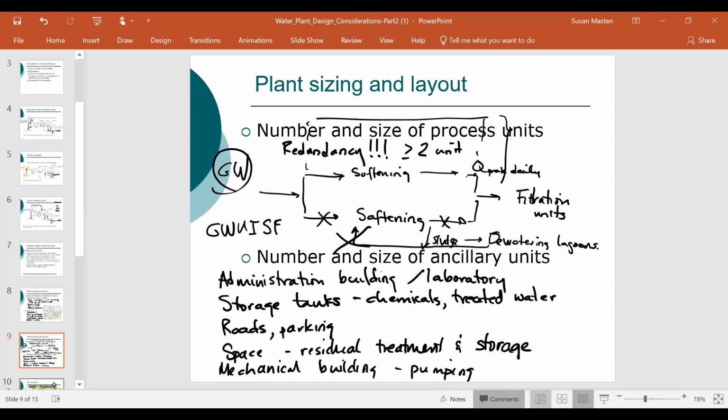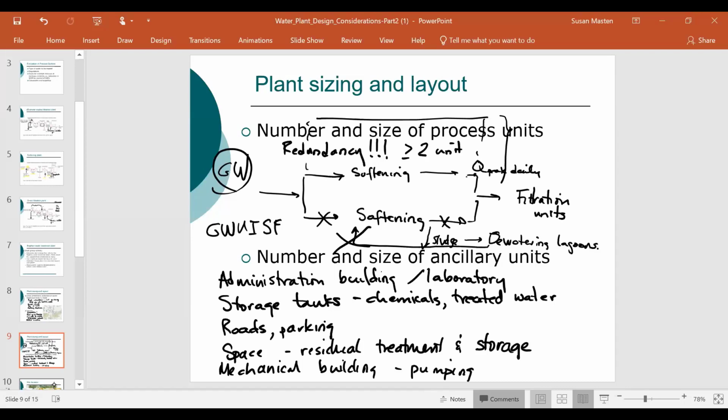Much of this varies. So for instance, with the Genesee County, you're going to have an intake in Lake Huron, and you're going to pump. So you're going to have a mechanical building to pump that water from Lake Huron all the way to, I think it's Flint Township.